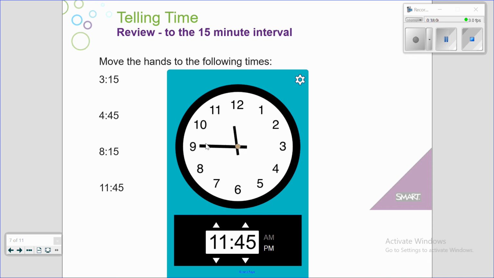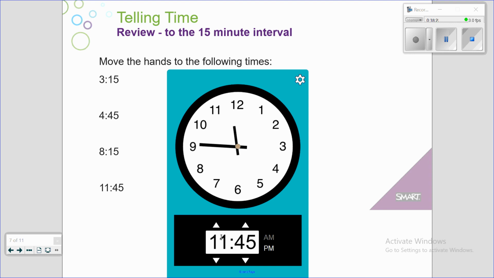Here is 11:45. See, the hour hand is much closer to 12. So when I'm reading with quarter to, I say it's a quarter to 12.